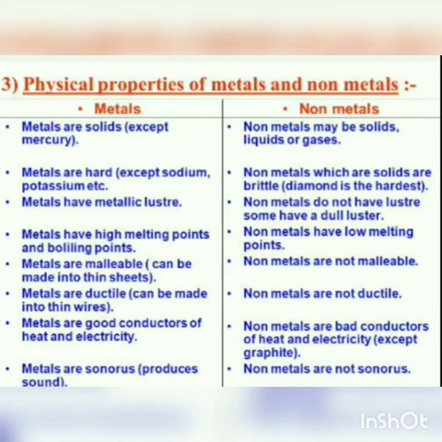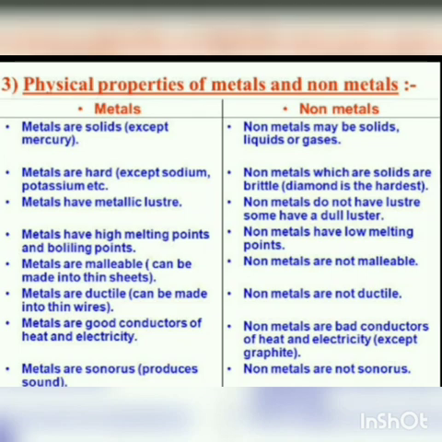Difference between the physical properties of metals and non-metals. Already we know the physical properties of metals and non-metals. Again we can go through them. Metals are solid in nature, except mercury. Non-metals are solid, liquid and gaseous.